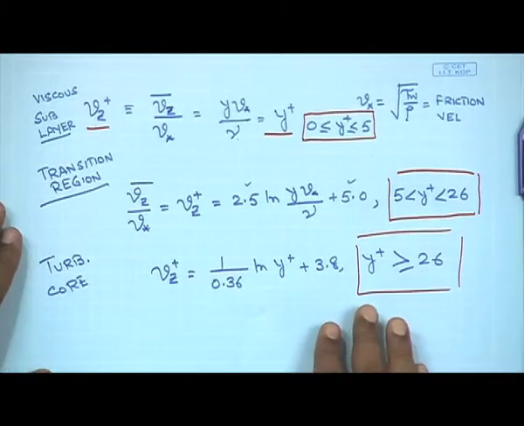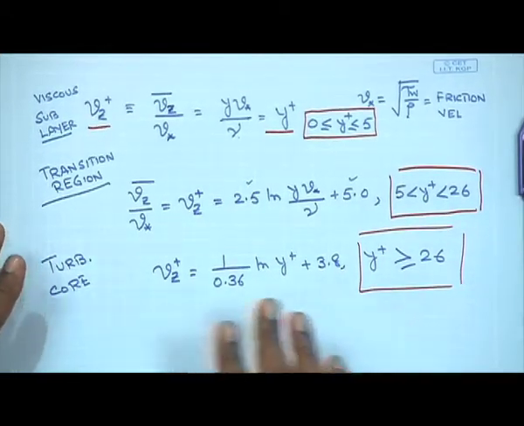So, in other words, there is nothing called a universal velocity profile in turbulent flow. People have tried different means, different statistical techniques, to obtain an expression for velocity profile in turbulent flow.